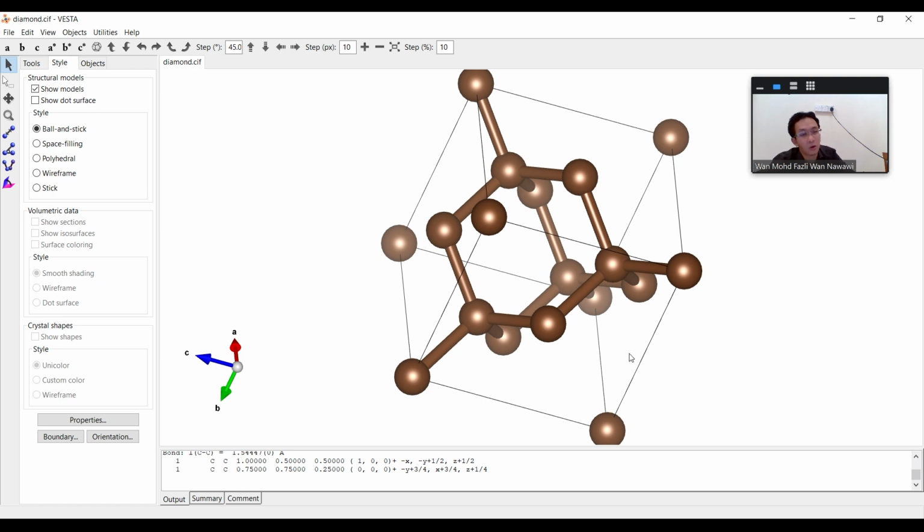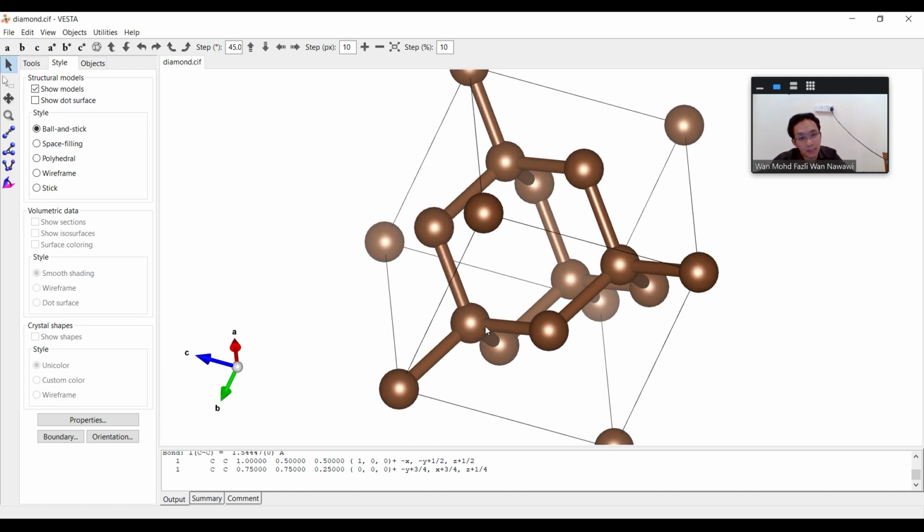Is this FCC or what? It is still face center cubic, because this atom inside this cube can become a corner for another cube.